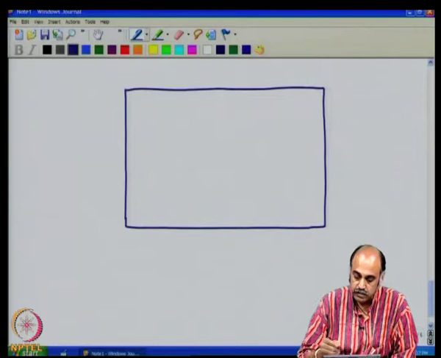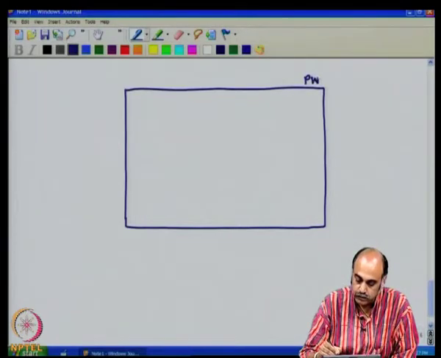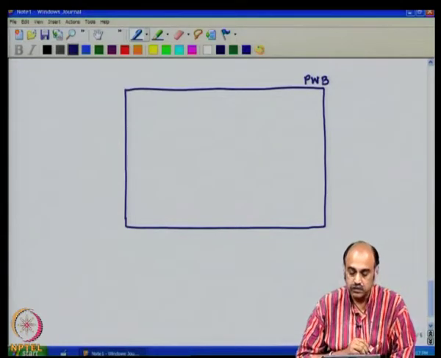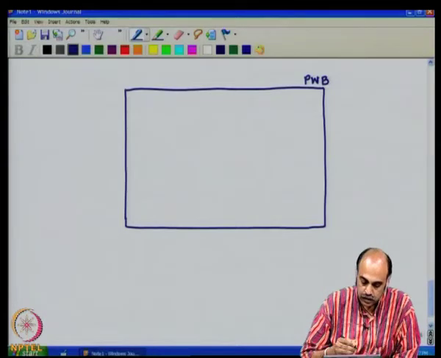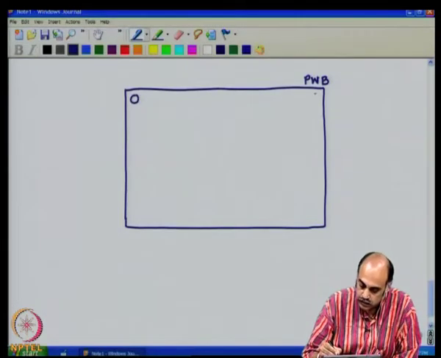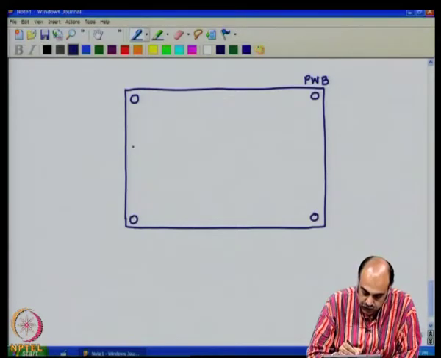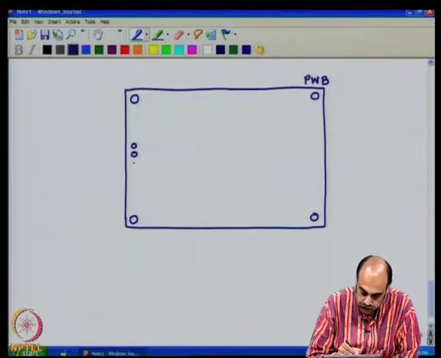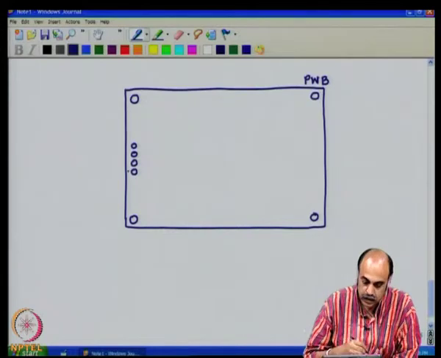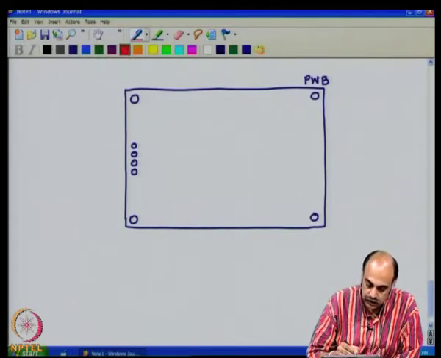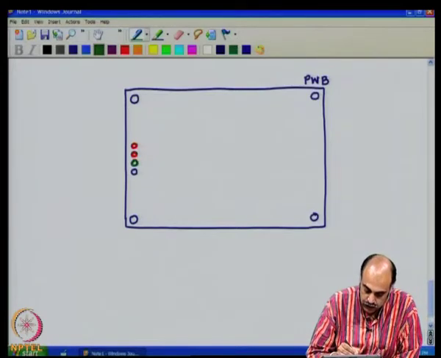Now, let us say if this is the printed wiring board dimensions, you have the mounting hole here, and somewhere here let us say you have the connectors, and let me indicate two of the important connectors, let us say VCC, and let us say you have a ground.